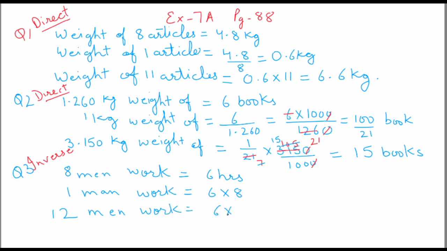So 6 multiplied by 8 divided by 12. When we cut this all, 2, 4. So how much time is left? 4 hours. 12 men can complete the same work in 4 hours. Now the inverse method is also understood by you, I hope so.